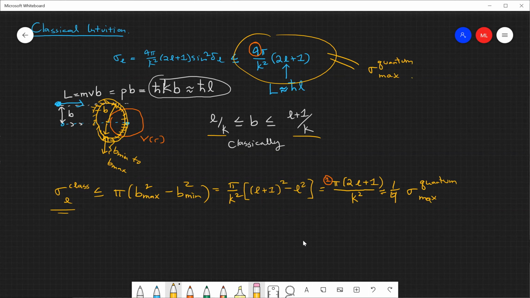So it means that quantum mechanics gives you more scattering than you would expect, because classically the most you can get in terms of scattering is if you're just scattering off of a hard sphere or something.